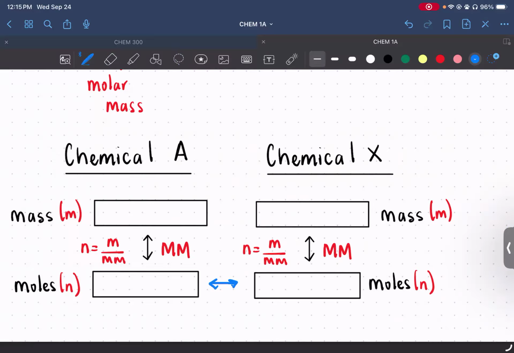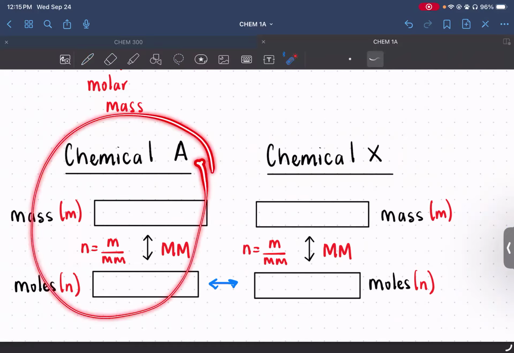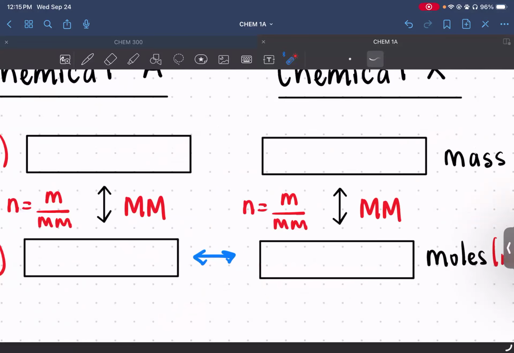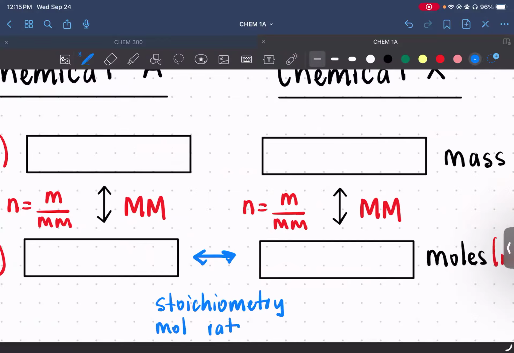You see, previously, we were able to individually calculate mass and moles of a single element or chemical. But now we're introducing the idea that we can connect the two through stoichiometry, aka mole ratio.